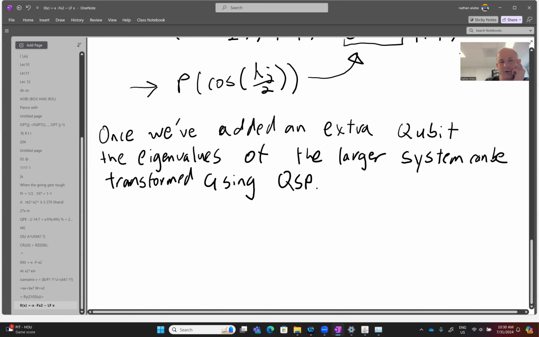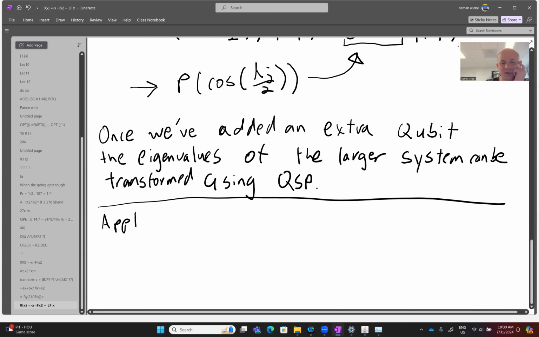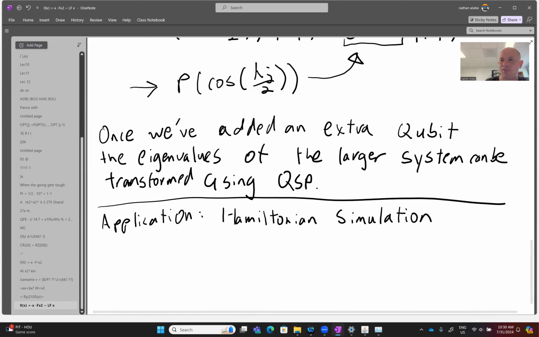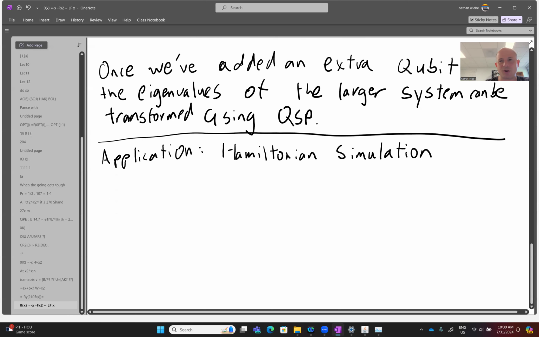example of how we can use this, let's consider an application to Hamiltonian simulation. Hamiltonian simulation is something that I've talked about quite a bit in previous lectures, but let me just remind you of how it ends up working.